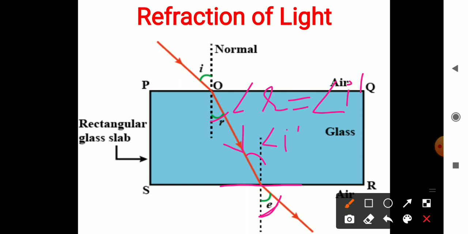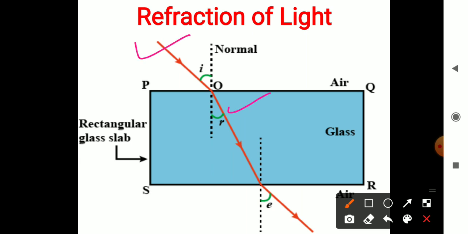So this is the incident ray, this is the refracted ray. This refracted ray acts as an incident ray for this surface, and this is the emergent ray. So when the light moves from a rare to a denser medium, from air to glass, the light bends towards the normal.